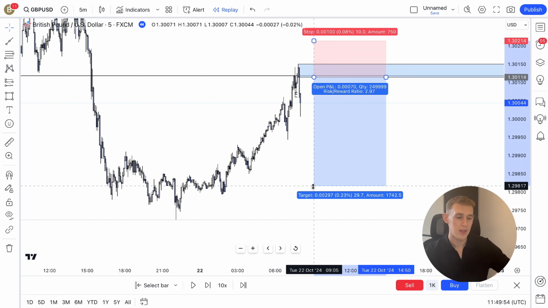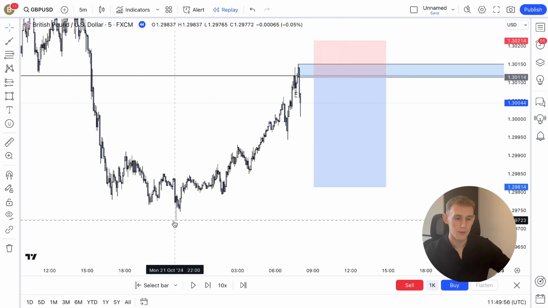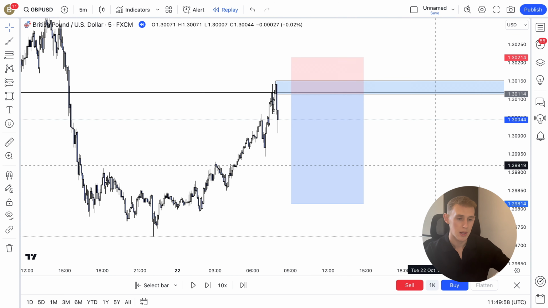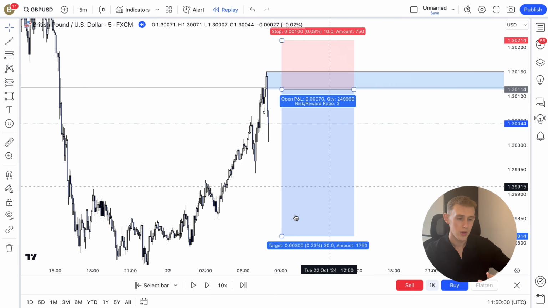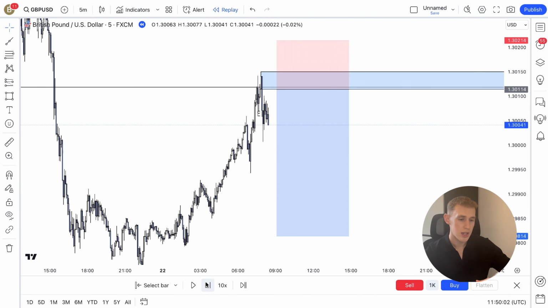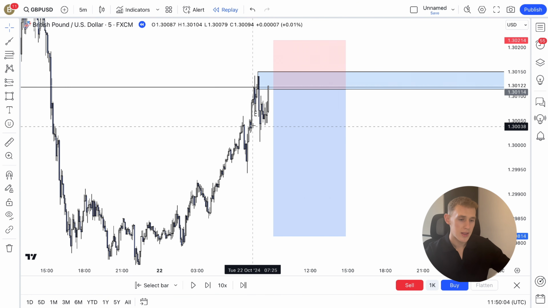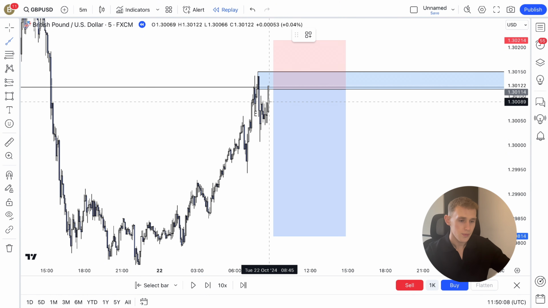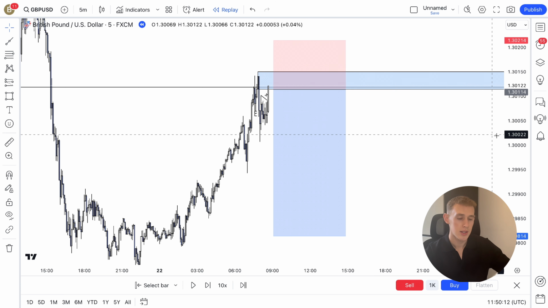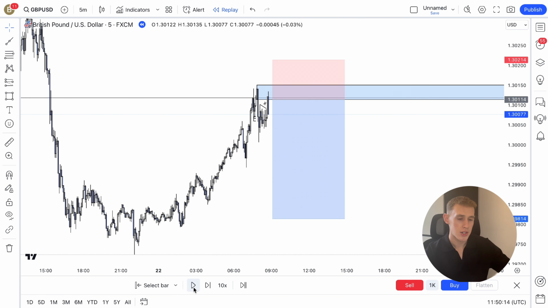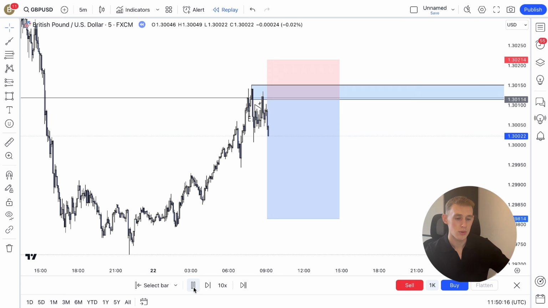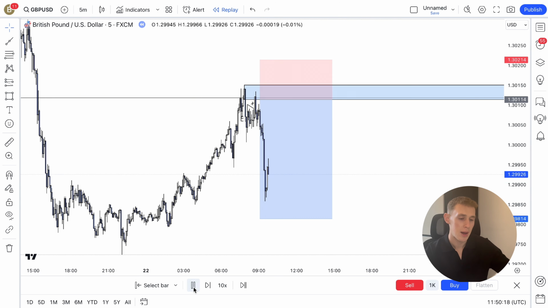So we are expecting that low to get taken, but for this, I'm using my mechanical take profit rule of a 1 to 3. And as we can see, as price pulls back towards it, we get this very corrective pullback. Price is building up previous highs below that supply zone, taps into the supply zone, we get a rejection, and then price pretty much goes straight towards the take profit in around an hour or so.